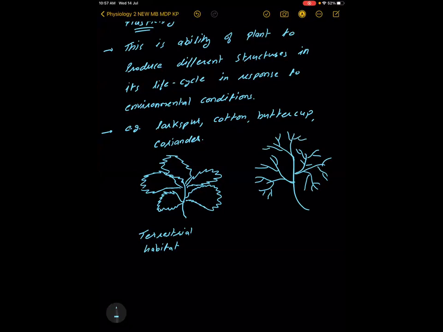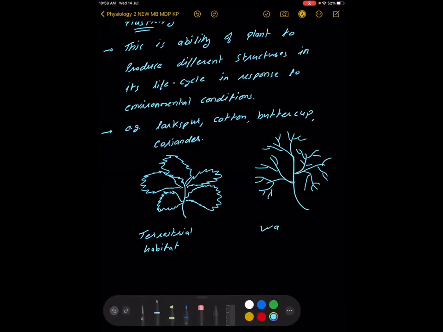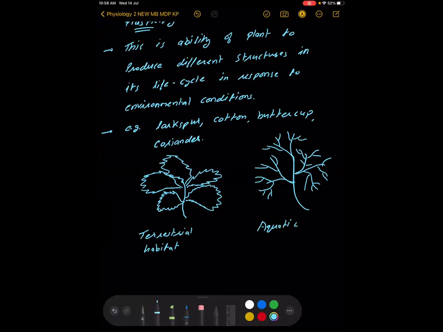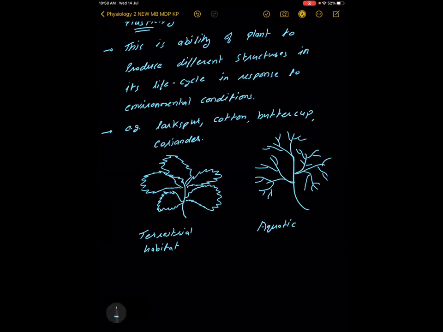So it is completely different from terrestrial habitat. Terrestrial habit, aquatic habit, it occurs in buttercup. So it shows heterophylly, meaning two different types of leaves.